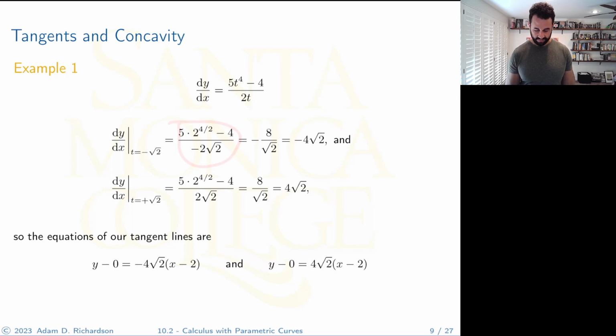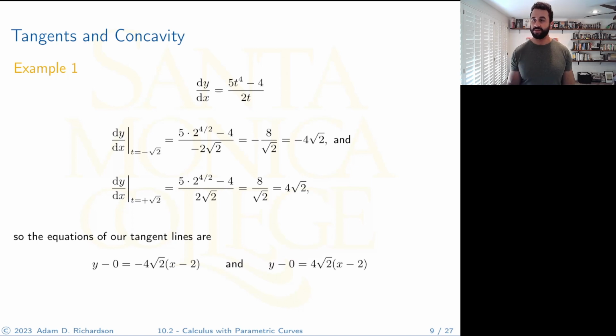We get this, and when you simplify, you get this. So that is the slope of the tangent line to the curve when t equals negative root 2. Do the same thing for positive root 2. You get a pretty similar calculation, and you get 4 root 2. So this is the slope of the tangent line to the curve when t equals positive root 2.